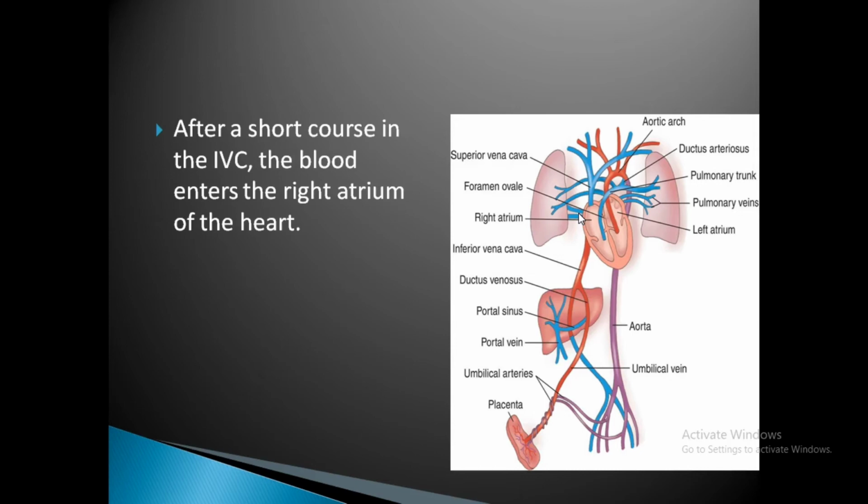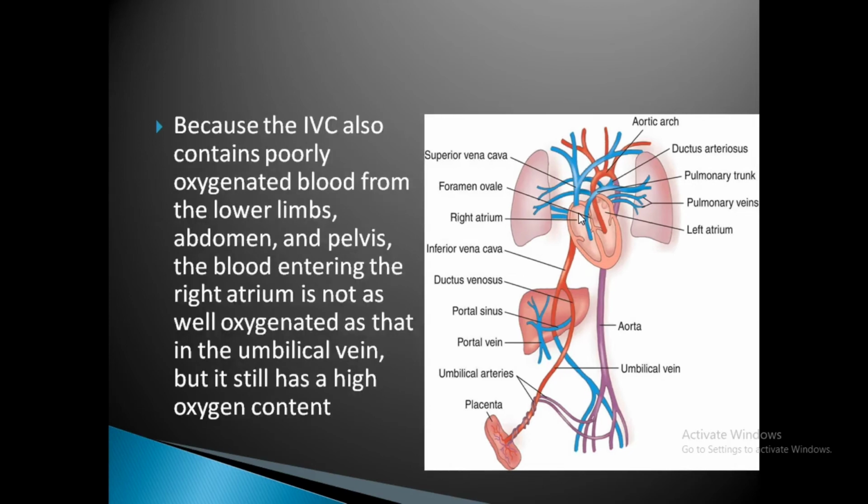But in the inferior vena cava, the blood coming from the umbilical vein is purely oxygenated blood; despite that, the inferior vena cava also receives poorly oxygenated blood from the lower limb, abdomen, and pelvis. So the blood which now enters the right atrium does not have as high an oxygen content as it had in the umbilical vein, because the umbilical vein has purely oxygenated blood coming simply from the placenta.